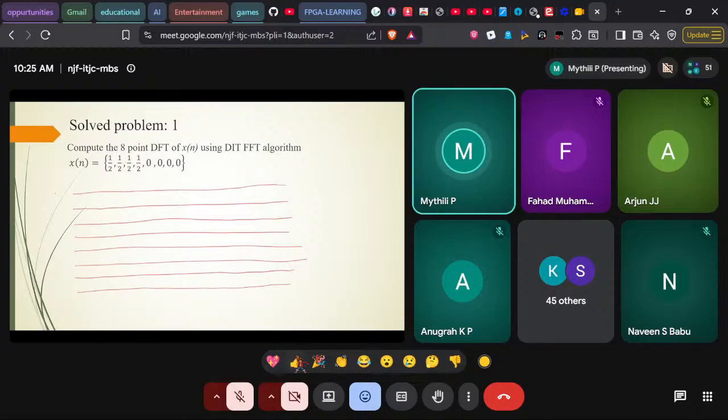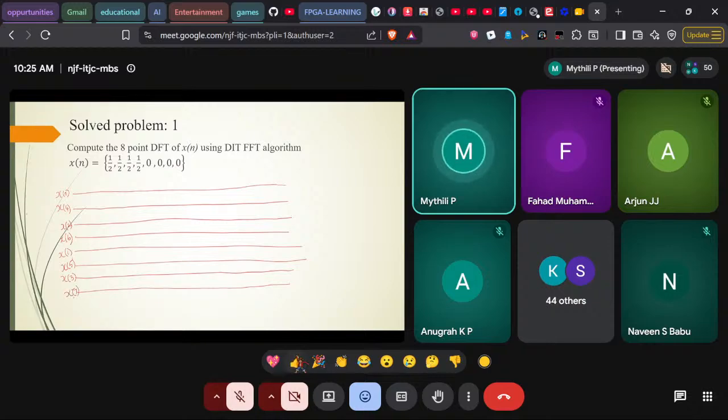Now you can put here x of 0, x of 4, x of 2, x of 6, same way x1, x5, x3, x7.